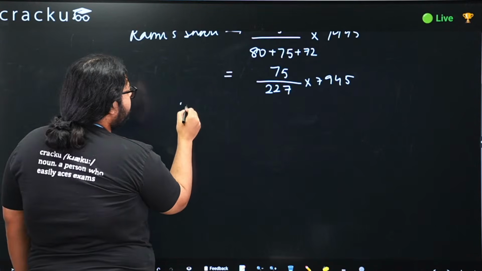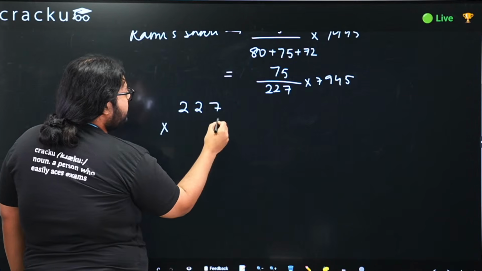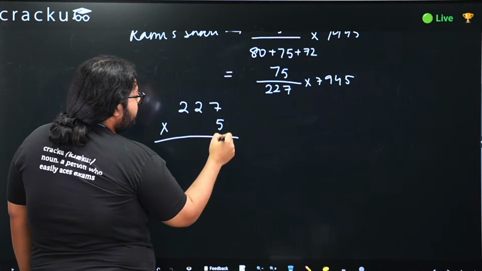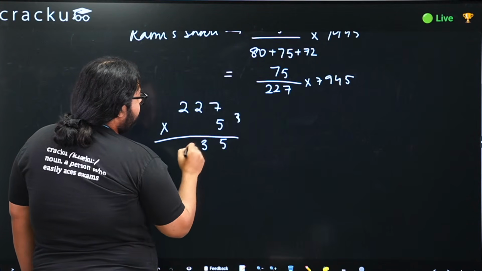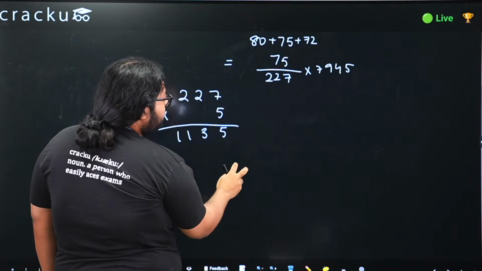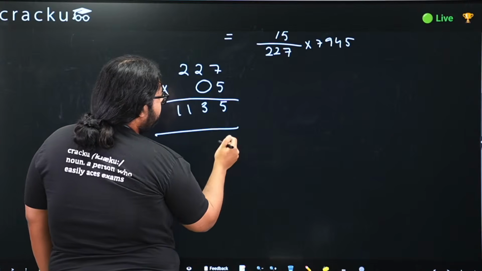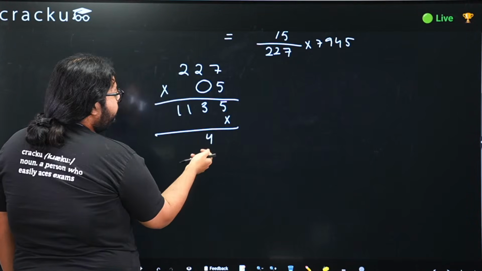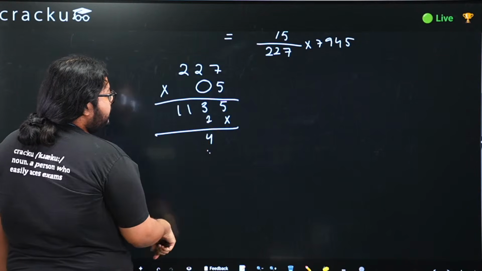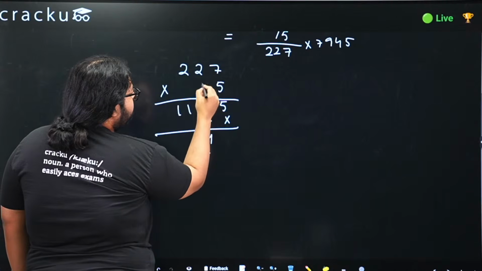How do we figure out? 227, 5 at the end, so there has to be some multiplication with 5. So 35, 3, 10, 13, 3, 1, 11. Okay, so this is not it, but there will be some more number here. The final digit here is a 4. So if I want a 4 here, I need a 1 here. To get a 1 here, I need to multiply something with 7 to get a 1. So this should be 3.